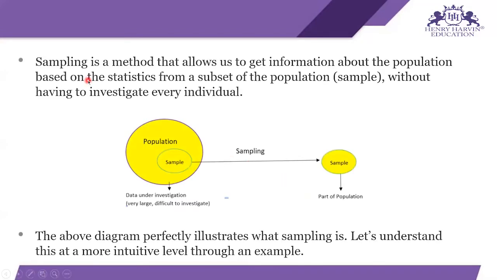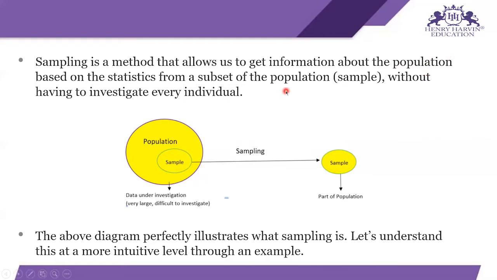First of all, let me explain in main terms: sampling is a method that allows us to get information about the population, based on statistics from a subset of the population, the sample, without having to investigate every individual. I took a population example to explain what sampling is.